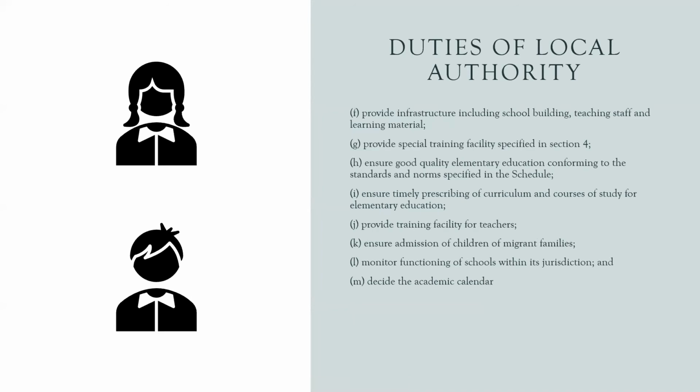What else? Infrastructure, the same. Providing increase in training is also there. Something that the local authority should look for is ensuring admission for children of migrant families. So as I mentioned, we look for the attendance of children who are enrolled in our locality.